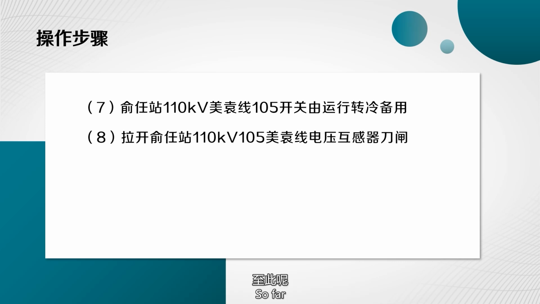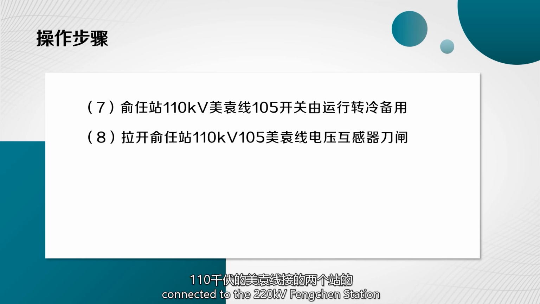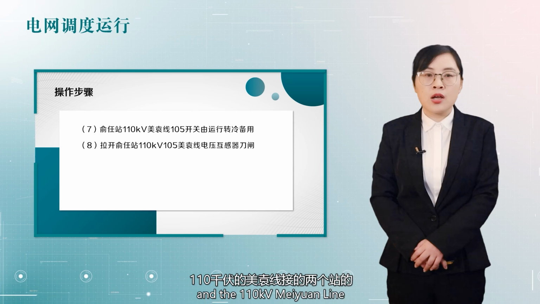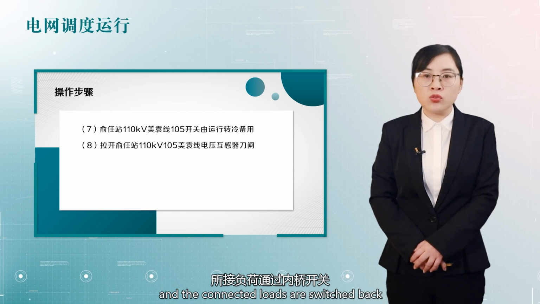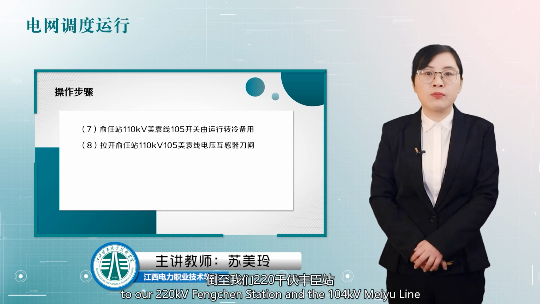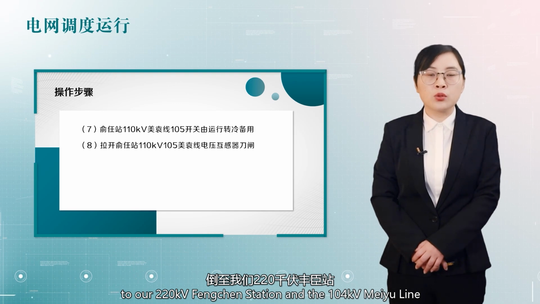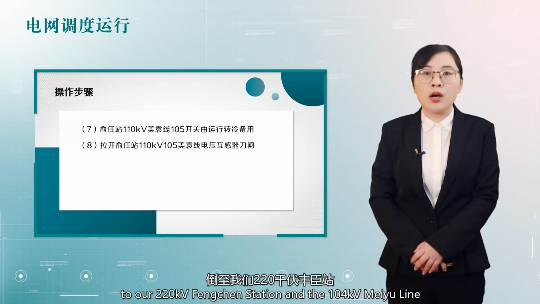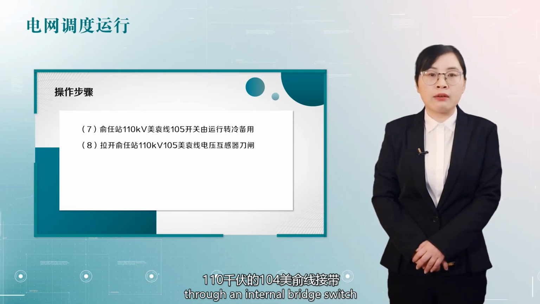Step 8. Open the knife switch of the voltage transformer on the 110 kV 渔人 station 110 kV 105 line. So far, we have switched the branch lines of the two stations connected to the 220 kV 丰城 station and the 110 kV line to cold standby, and the connected loads are switched back to our 220 kV 丰城 station and the 104 line through an internal bridge switch.